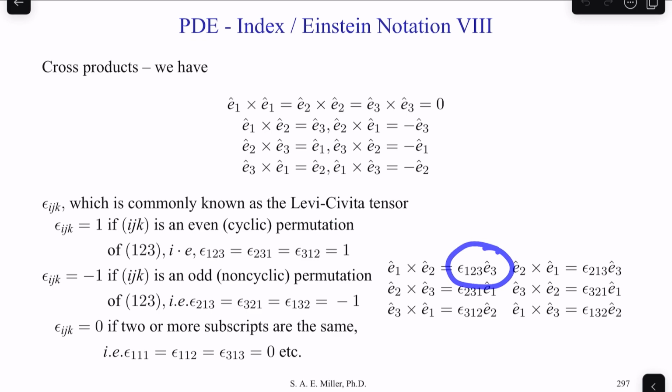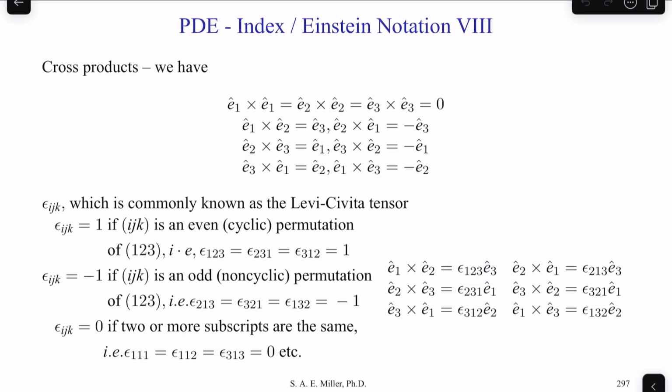We'll write the first index as 1, the second index as 2 in the permutation tensor, and then of course the third direction, which will be 3. And we know the cross product results in that vector 3. So this is really giving us a sign. It'll be 1, -1, or 0. That's the only possible values of the permutation tensor.